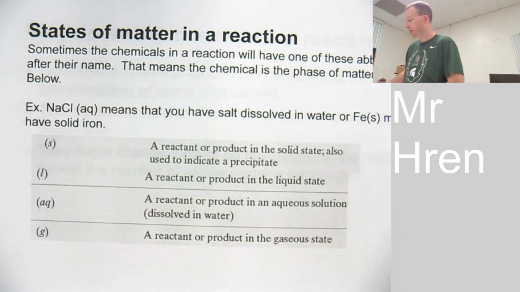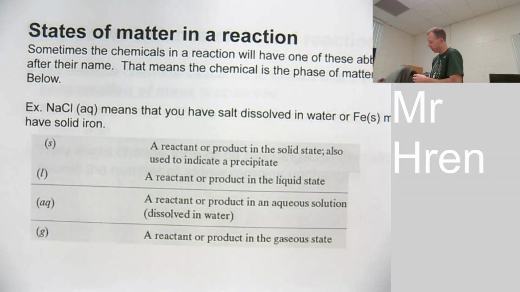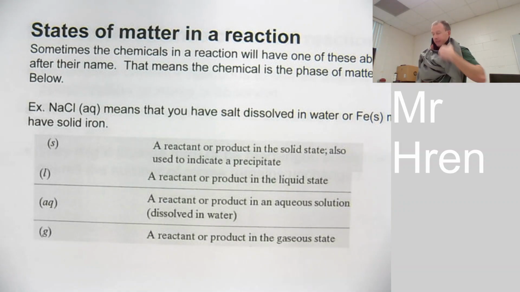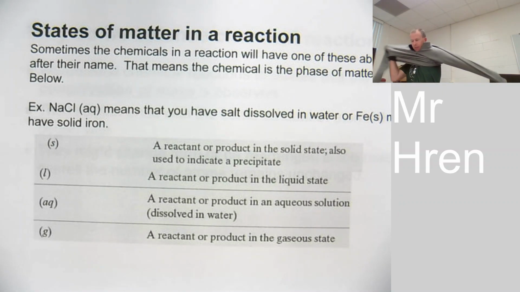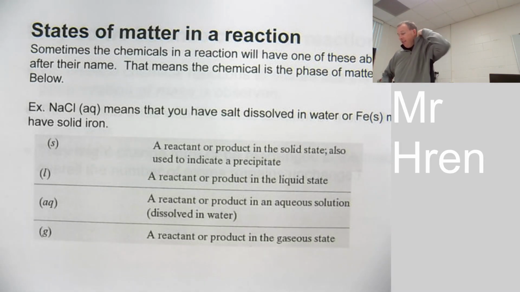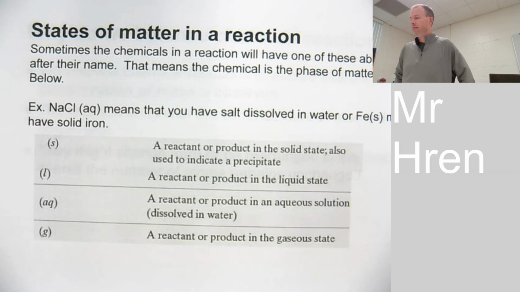Next, when you look at this, you already saw it in the examples that I did just a minute ago. But the basic idea is that some reactions, not always, but a lot of reactions you're going to see, are going to indicate the phases of matter of the elements and compounds in the reaction.